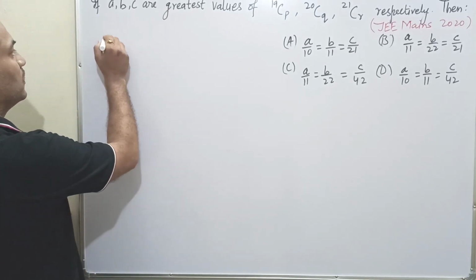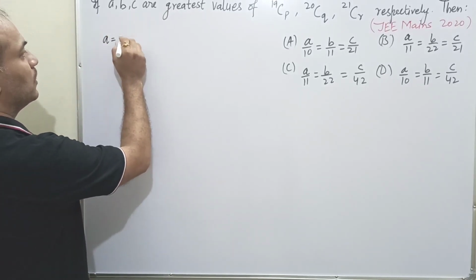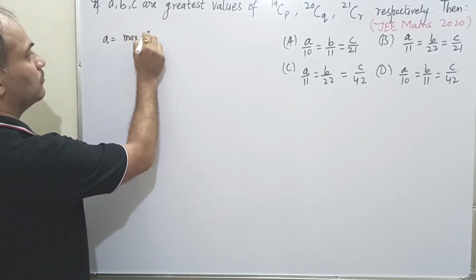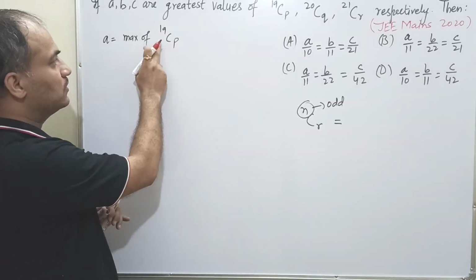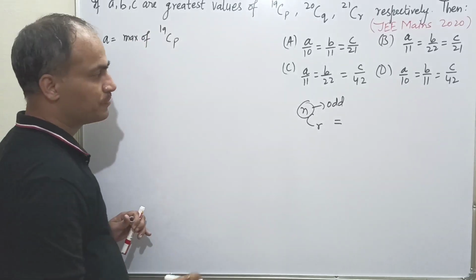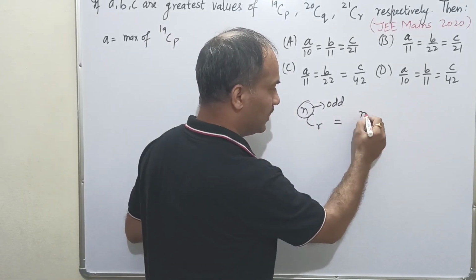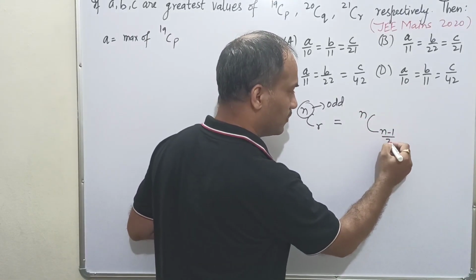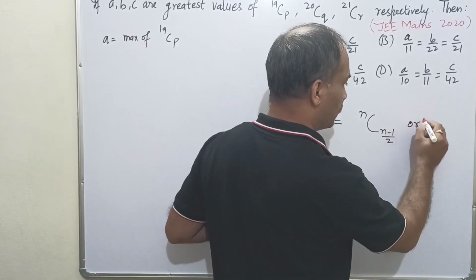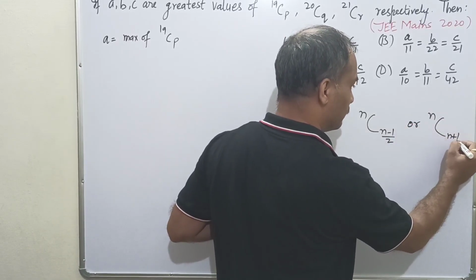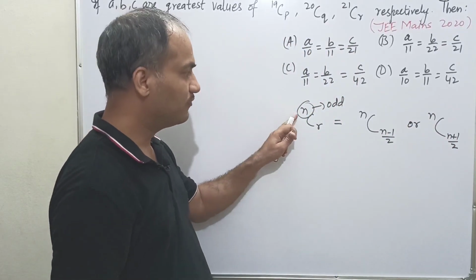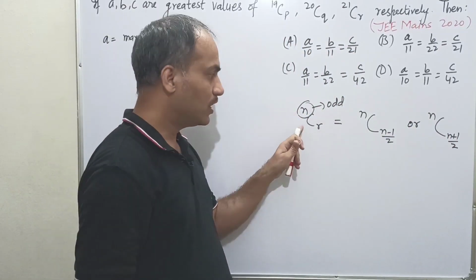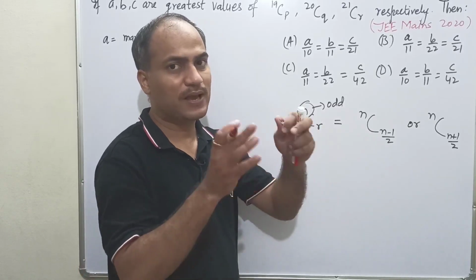Here, given that A is equal to the maximum value of 19Cr. In our given term, this value n is odd. So the maximum is obtained at nC(n minus 1)/2 or nC(n plus 1)/2. These two values are actually equal, and whenever n is odd, this expression gives us the maximum value.